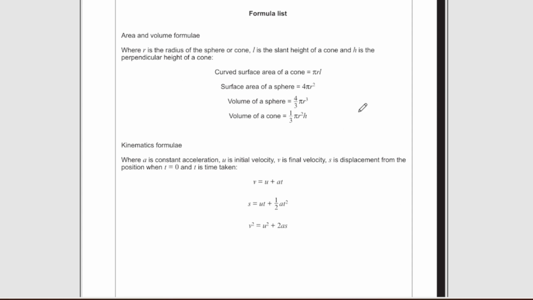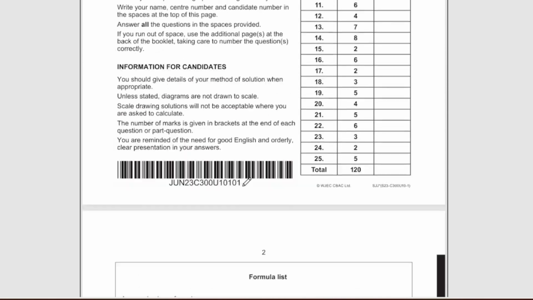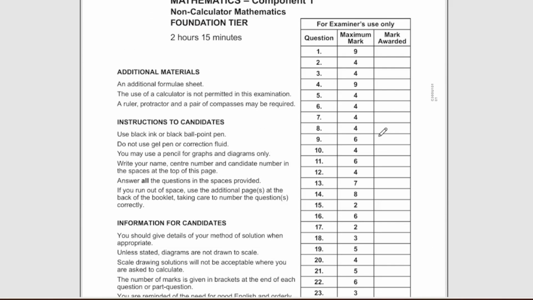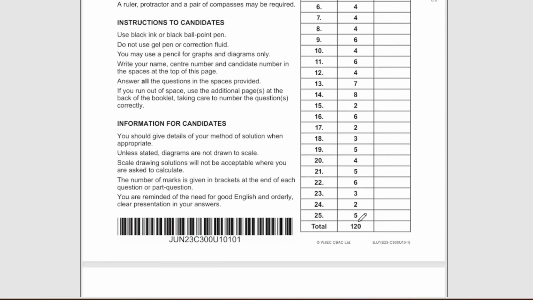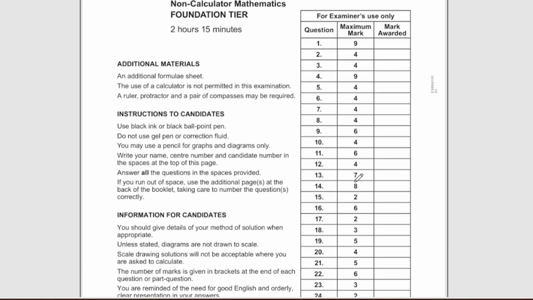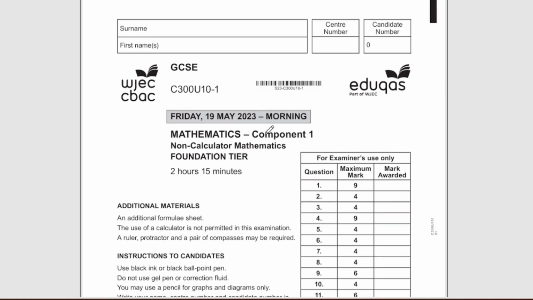You do get that, so make sure you use it if you need it. You've got the surface area of a sphere, curved surface area of a cone, volume of a sphere, volume of a cone, and then velocity and stuff there as well. On the front page, don't touch this because that's where they write down the marks. It's 120 marks in total. It's a 2 hour and 15-minute exam. You only do 2 of them though. Better than AQA and Edexcel, they do 3.